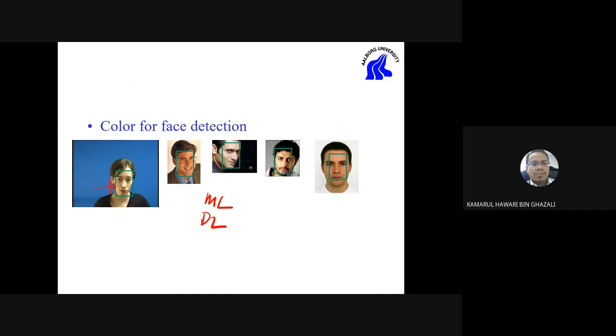Because when you look at this face, immediately your brain can know the face has some color which is different from the other colors in the background, like this shirt. So color segmentation or color detection can be used for face recognition.